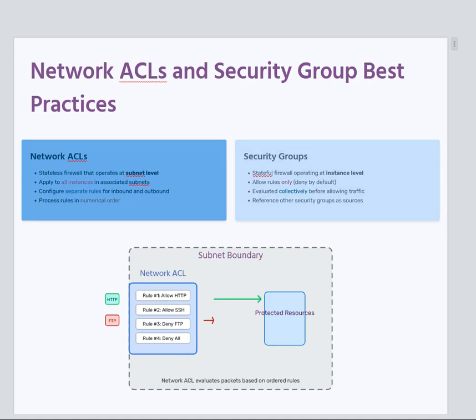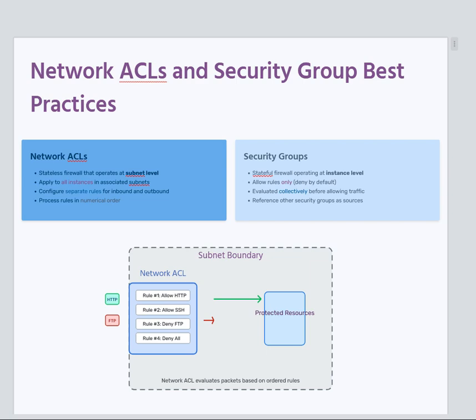So let's have a quick look at the best practice: how do you effectively use network ACLs and security groups? As we discussed, security groups are stateful, only used for allow connections, and they remember previous connection state.